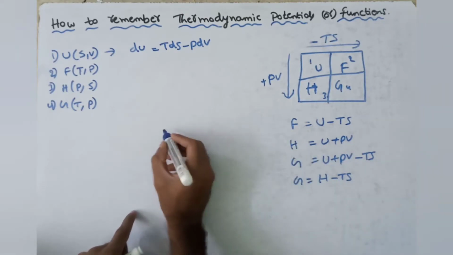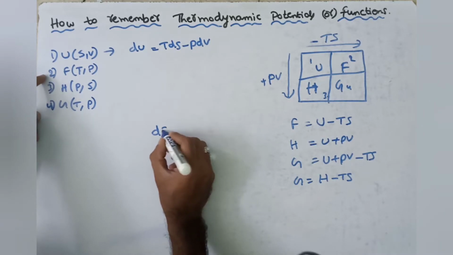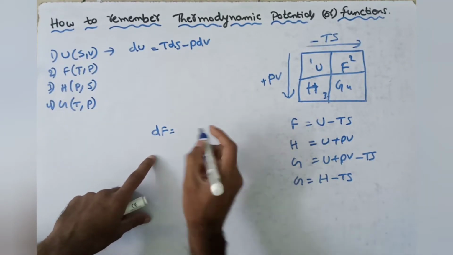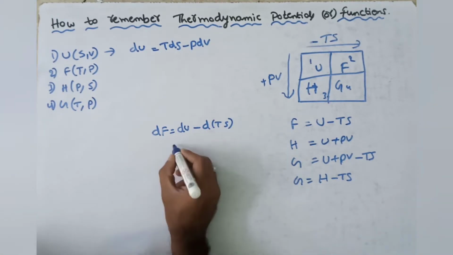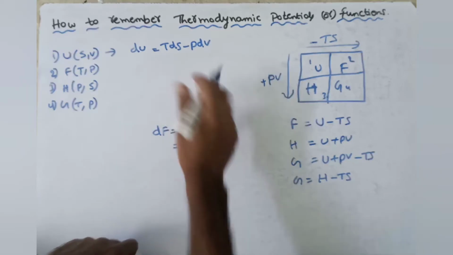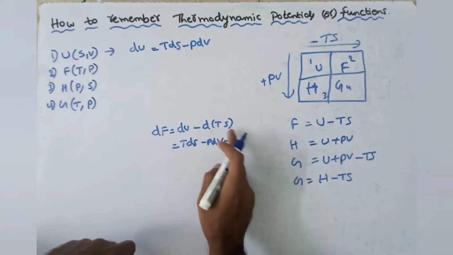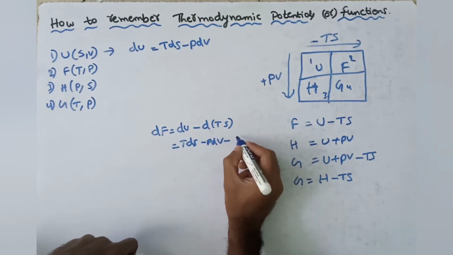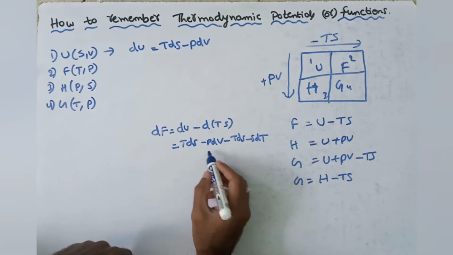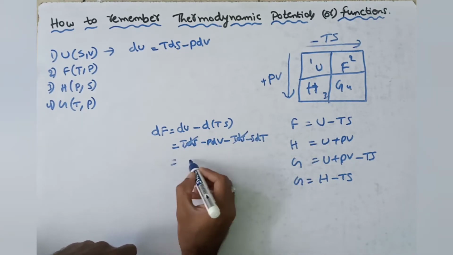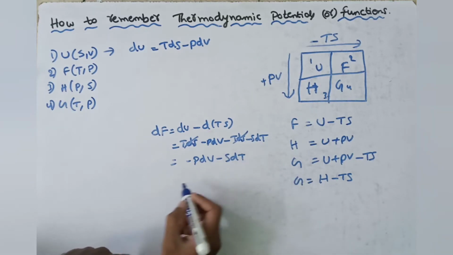We can use them for the change in the second thermodynamical potential, the Helmholtz function. dF is equal to, when we differentiate this equation, dU minus d(TS). Here we have dU equal to TdS minus PdV. Expanding d(TS) in the product form, TdS plus SdT. When we cancel TdS, we get minus PdV minus SdT.